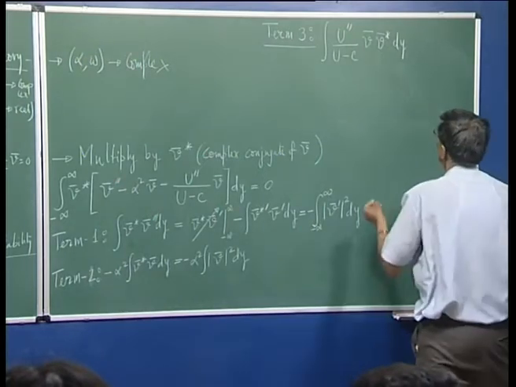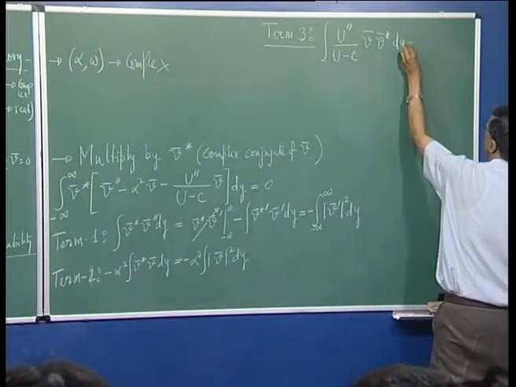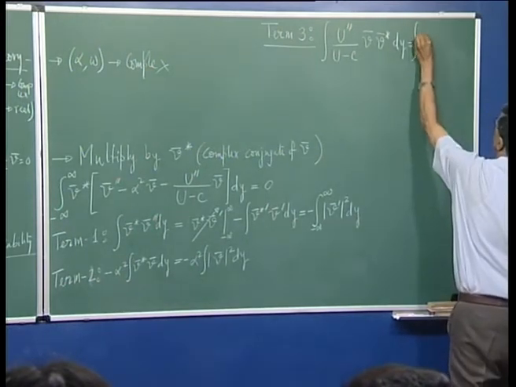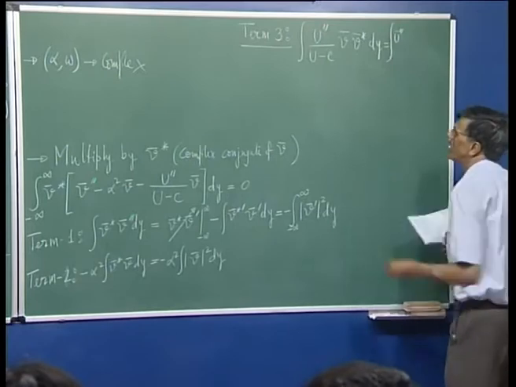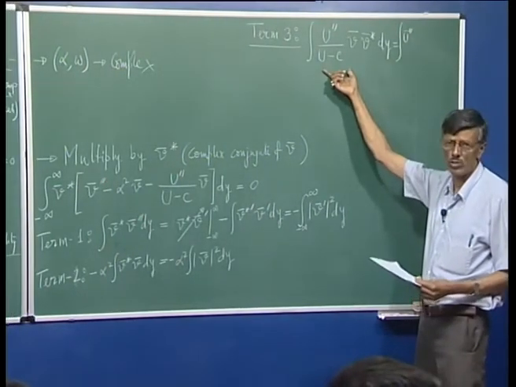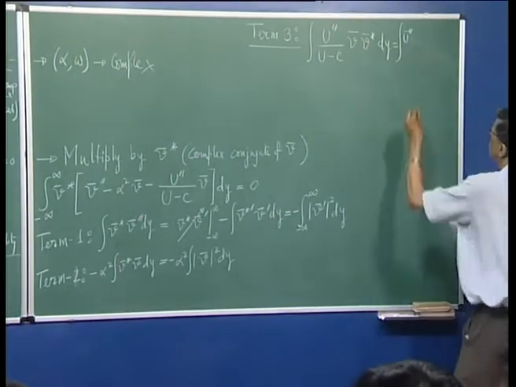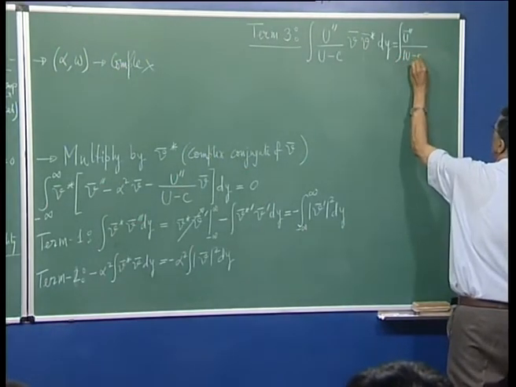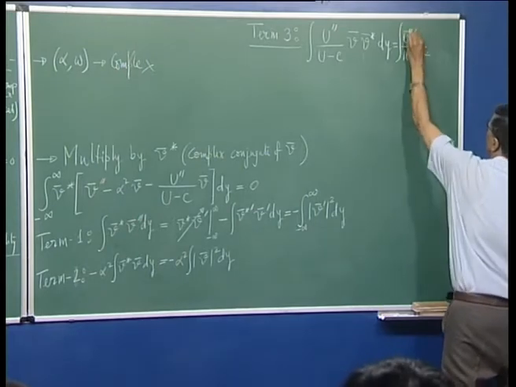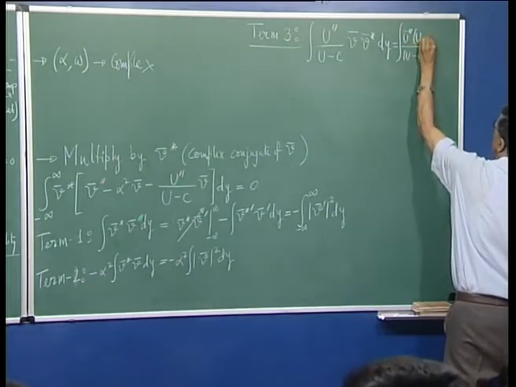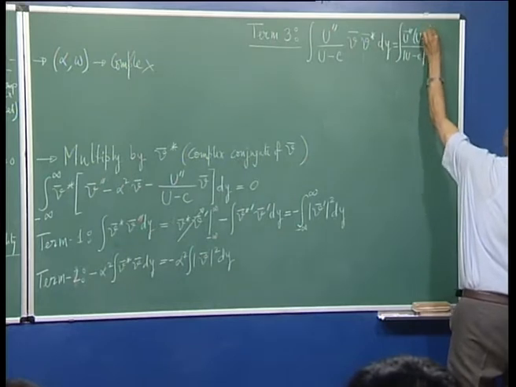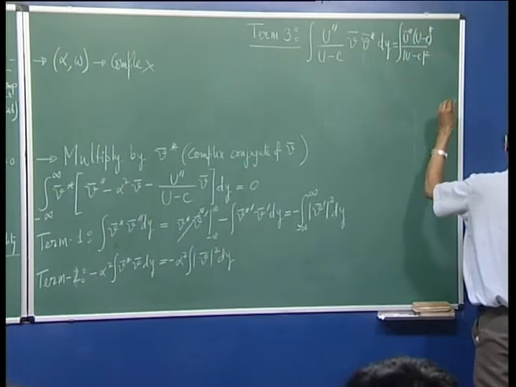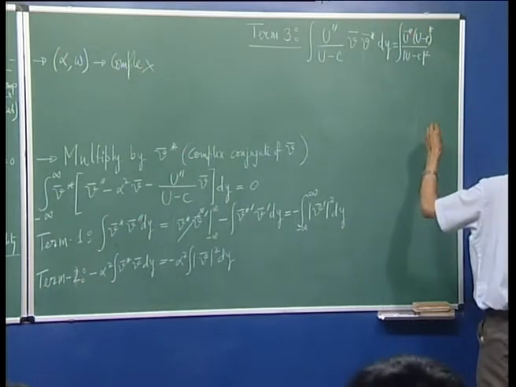Well, we can bring in some kind of simplification by doing this. Multiply the numerator and denominator by the conjugate of u minus c. So, downstairs what will we have? We will have u minus c whole square, because we have multiplied by the conjugate of u minus c. Okay. And what about this too?